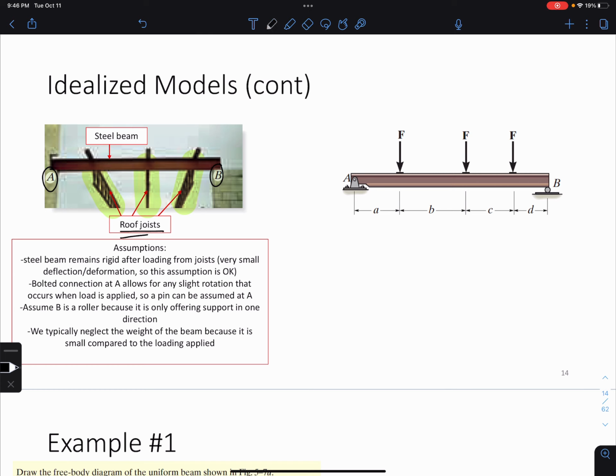So one thing we do to get from this actual real-world model to the idealized model that looks like this is we can say that those roof joists actually just impart some point load on the beam, like this, some force F. These are all from those roof joists.